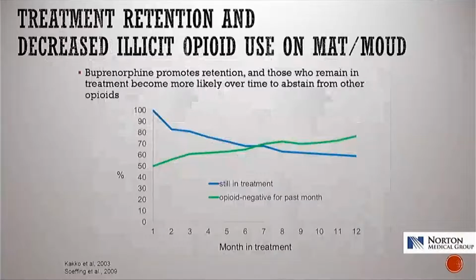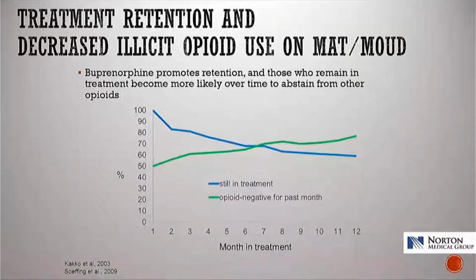So we have a lot of data on the effectiveness of Suboxone, buprenorphine, and what we see is that as patients are engaged with MAT or medication treatment-based treatments, we're able to keep them into care. The longer we can keep them into care, the better they do.